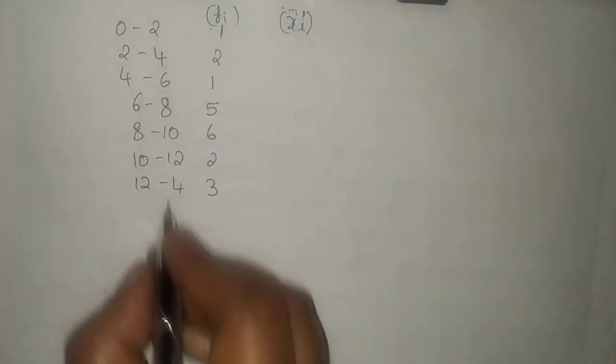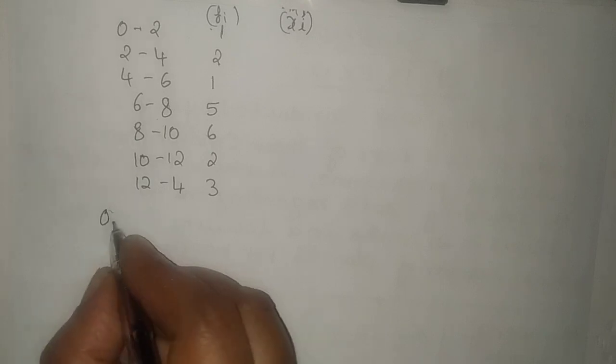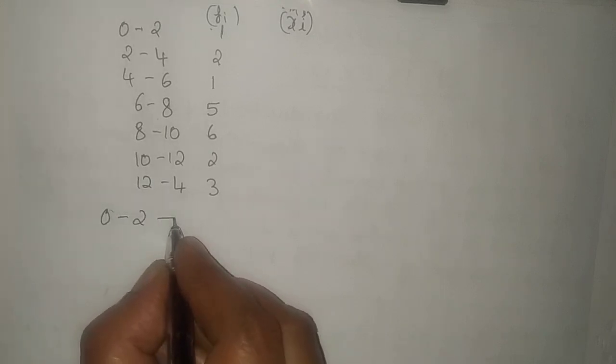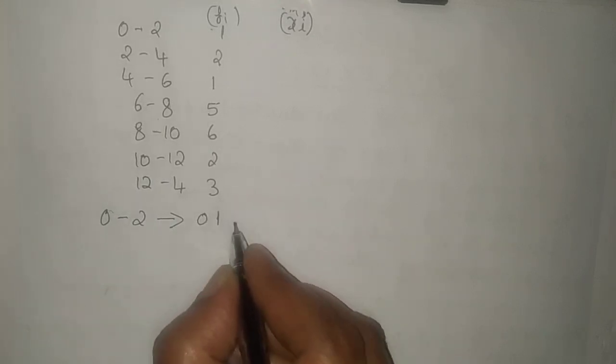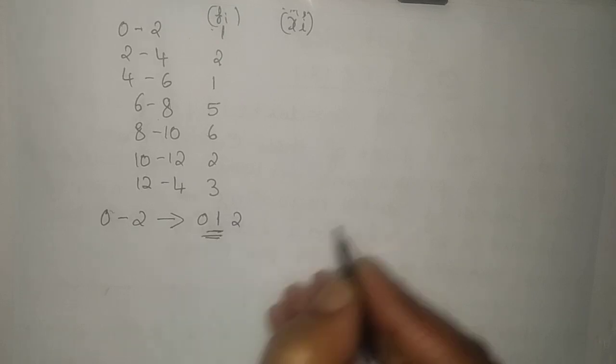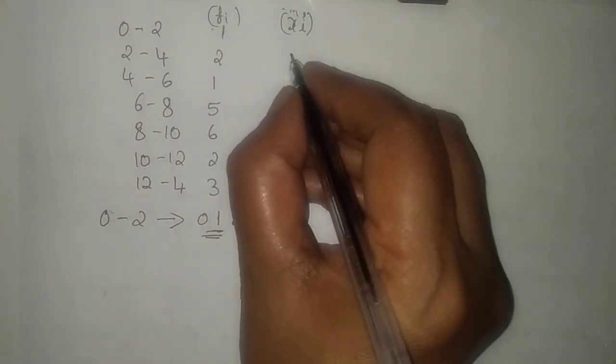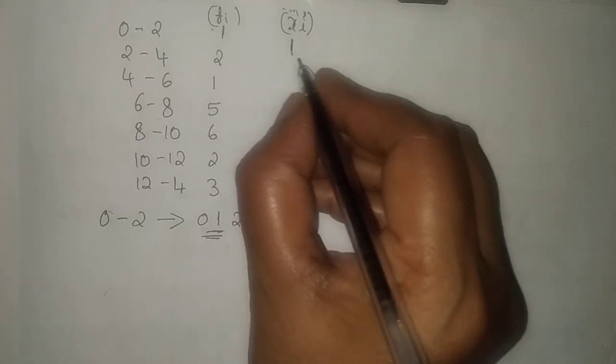How to calculate? See, this interval is 0 to 2. Take this like 0, 1, 2, and the middle one is the midpoint. Write down 1 here.